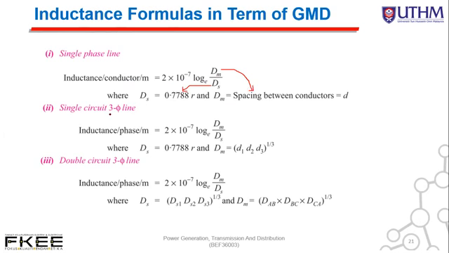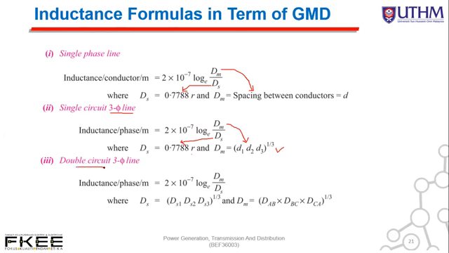While for the case of a single circuit 3-phase line, the inductance per phase per meter is equal to 2 times 10 to the power of -7 log exponent dm over ds, where ds is similar to the single phase line, that is 0.7788 times radius r, while dm is the cube root of d1 times d2 times d3, as we discussed previously.